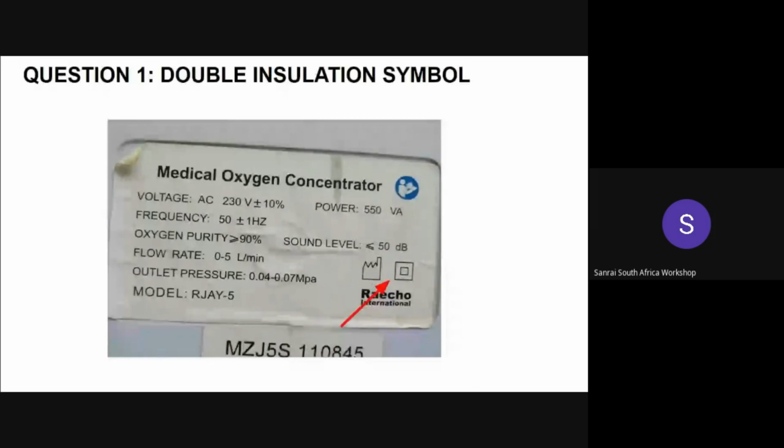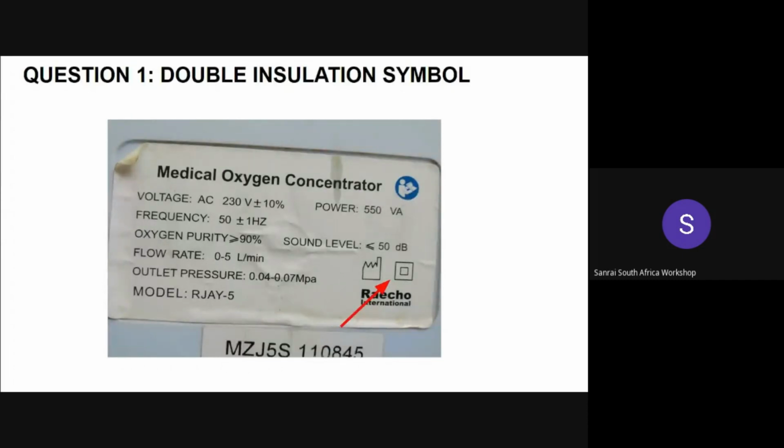Devices that are double insulated have a symbol consisting of two squares, one inside the other. If you look on the data plate of a concentrator, you are sure to find this symbol. As the name suggests, double insulation means that there is an additional insulation on top of the insulated wires.